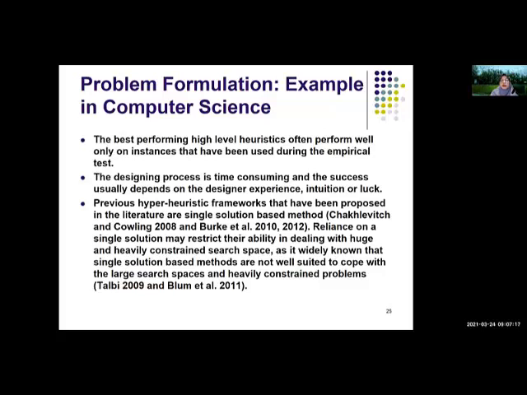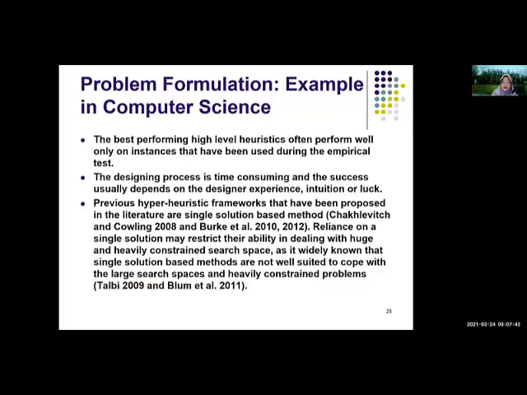Previous hyperheuristic frameworks proposed in the literature are single-solution based methods. Reliance on a single solution may restrict the ability to deal with huge and heavily constrained search spaces, as it is widely known that single-solution based methods are not well suited to cope with large search spaces and heavily constrained problems.